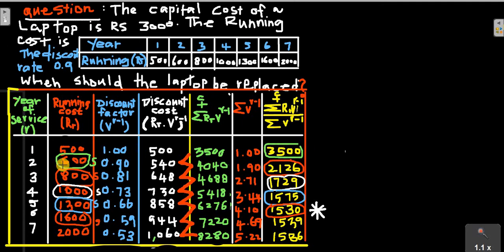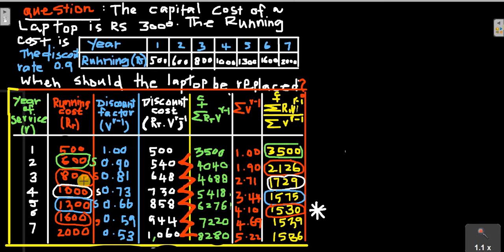Now come to the next one: the third year running cost compared with the second year average cost.